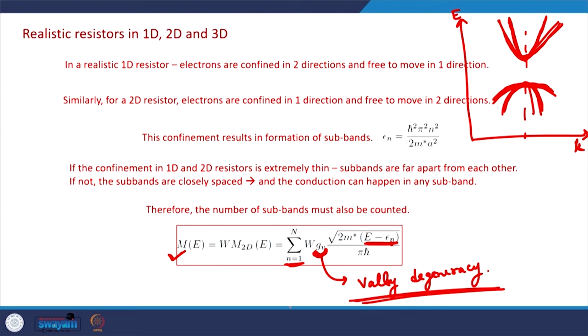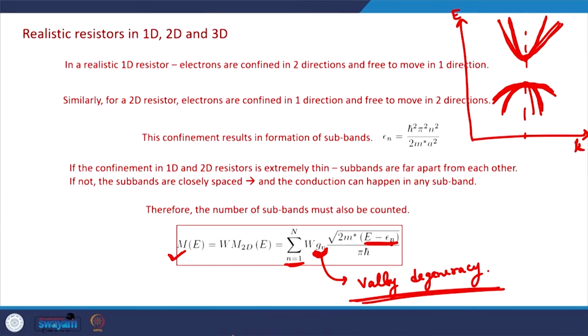If there are two EK curves or two bands overlapping with each other right at the bottom of the conduction band, then the valley degeneracy will be GV.